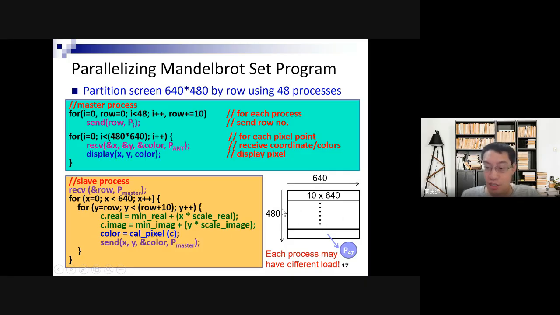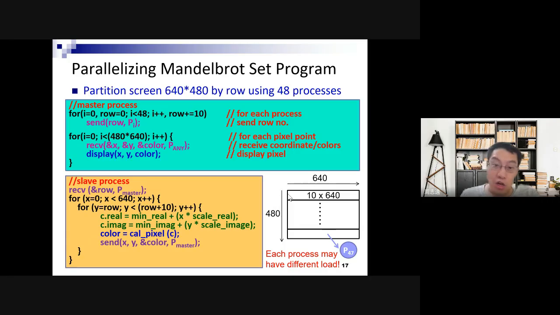Because clearly you can see that the amount of computation required on each pixel could be different. If this pixel color is black, that means you already iterated over 256 iterations. While if the color is white, you only do the computation for one iteration. So the amount of computation for each pixel varies widely, depending on the results.